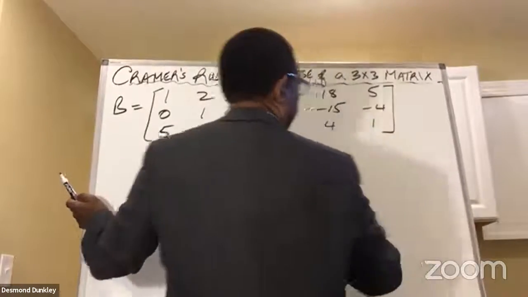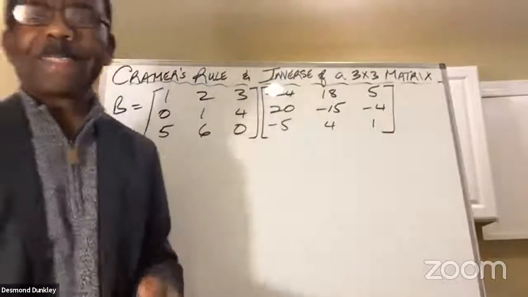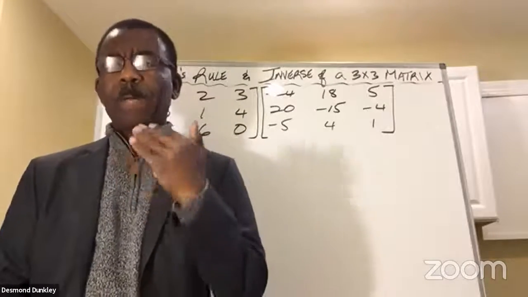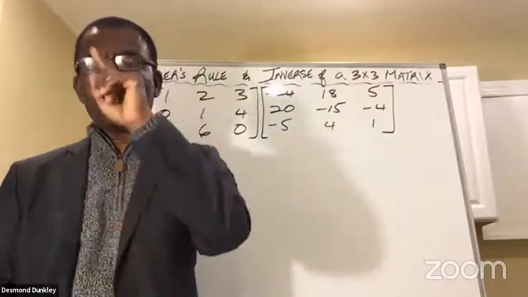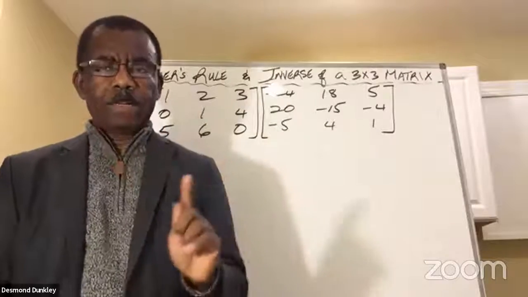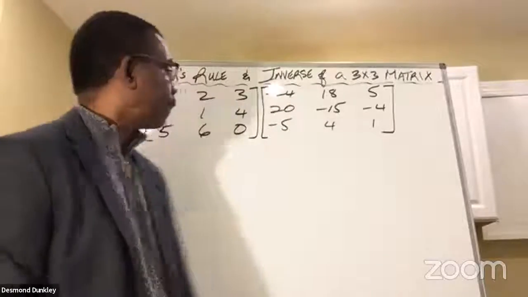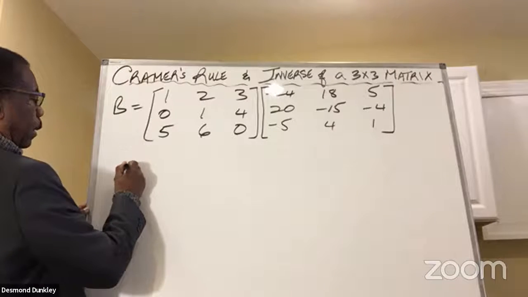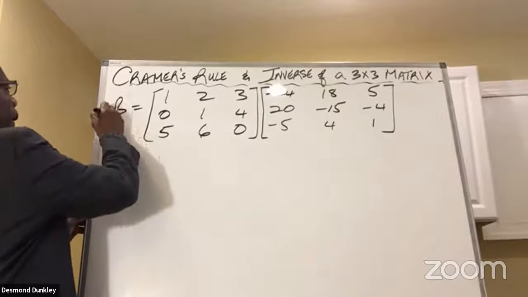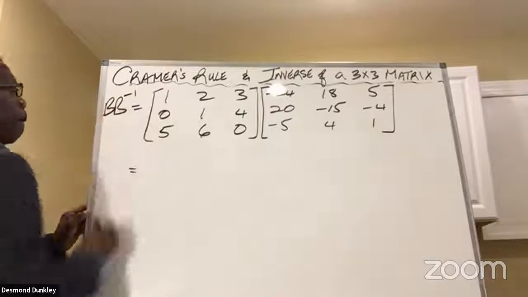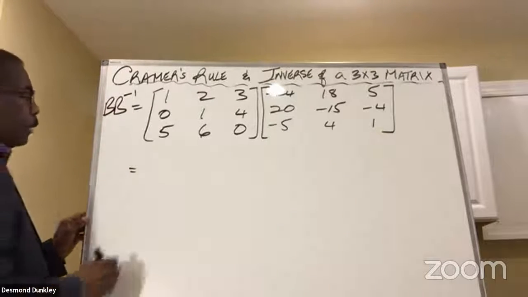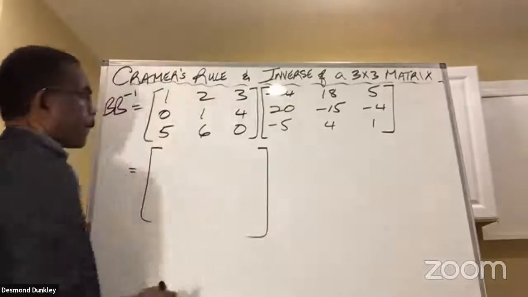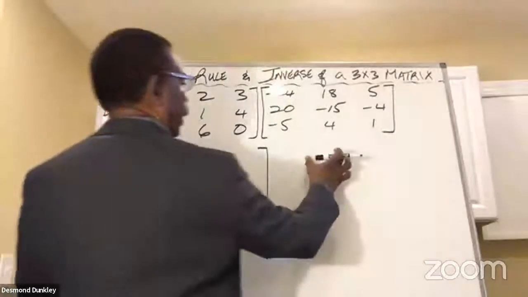Well, this is dangerous. When we multiply this, we're supposed to get the I3 matrix. That's 1, 0, 0, 0, 1, 0, 0, 0, 1. Let's go. So the first entry, I'm going to work it out to the side here.